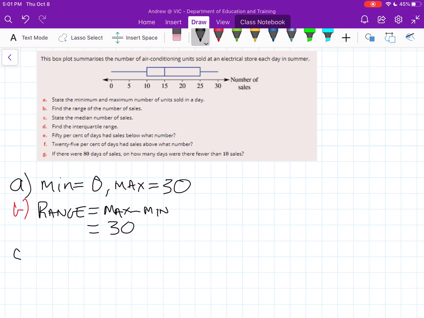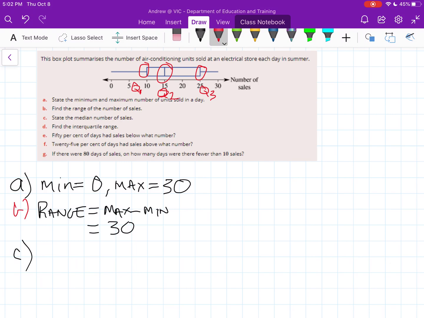Okay, so we'll look at C here. State the median number of sales. Where the median is on our graph is this line in the middle of the box. This here is our median, which is Q2. These other lines at the box right here and here are Q1, the first quartile, and Q3.